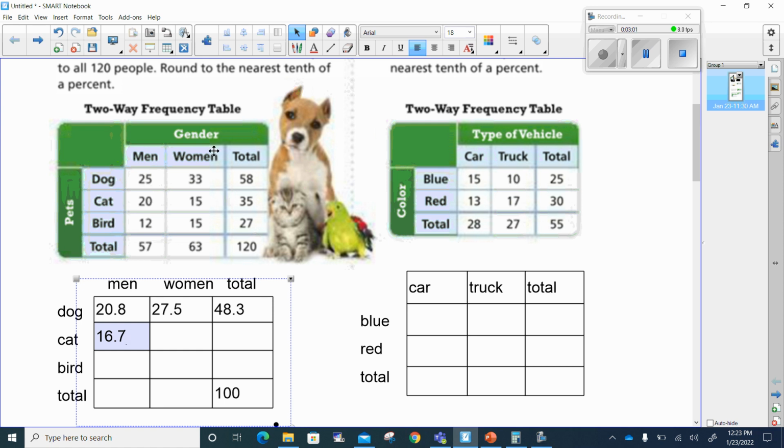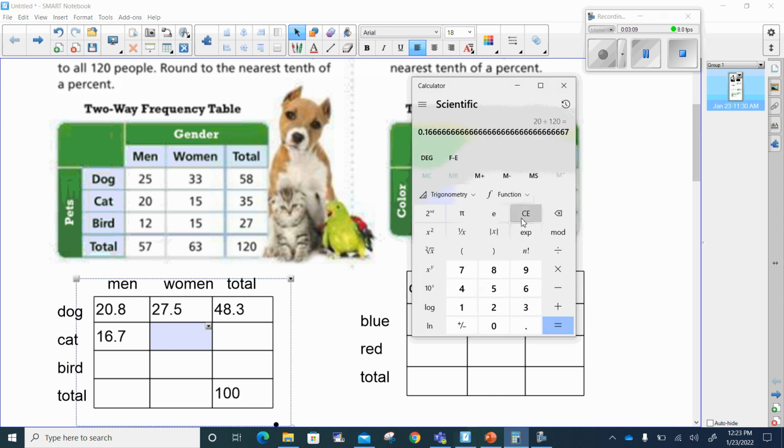Next is women that have cats, which is 15 of them. So let's make that 15 divided by 120. That's going to give us, let's see, 0.75.